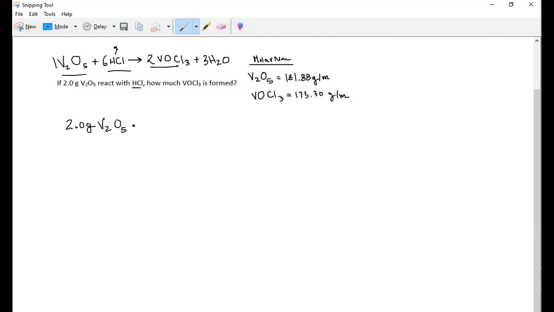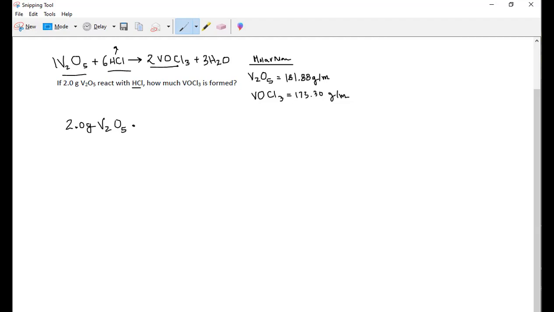So we can establish a valid ratio between moles of V2O5 and moles of the product. In other words, the ratio between the reactant and the product, and that will still give us our answer.